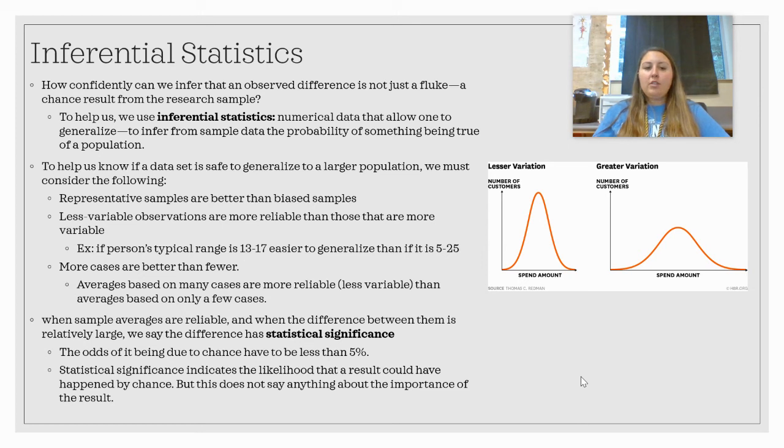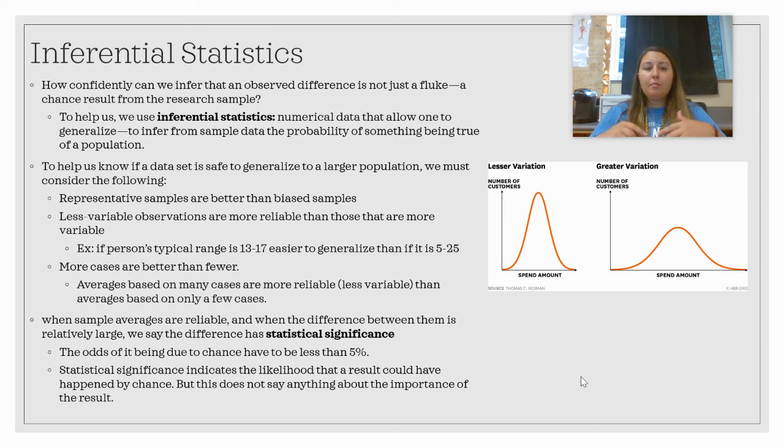First of all, we have to look and see at the sample. Is the sample representative or is it biased? Did we get a random sample? Did we use random assignment? We have to look at the sample. The second is we have to understand that generally, if there's less variability in the data set, then it's probably more reliable than one that's super variable.